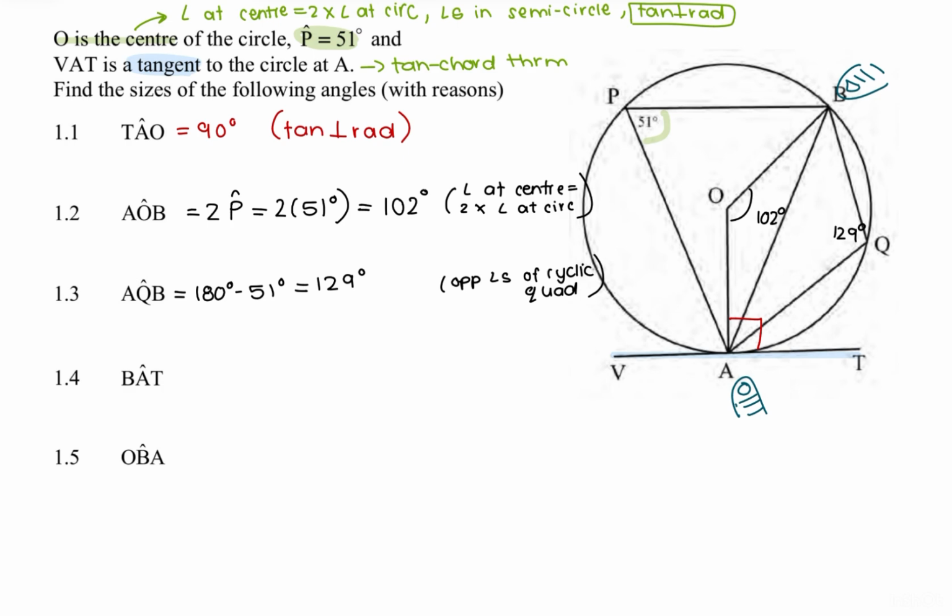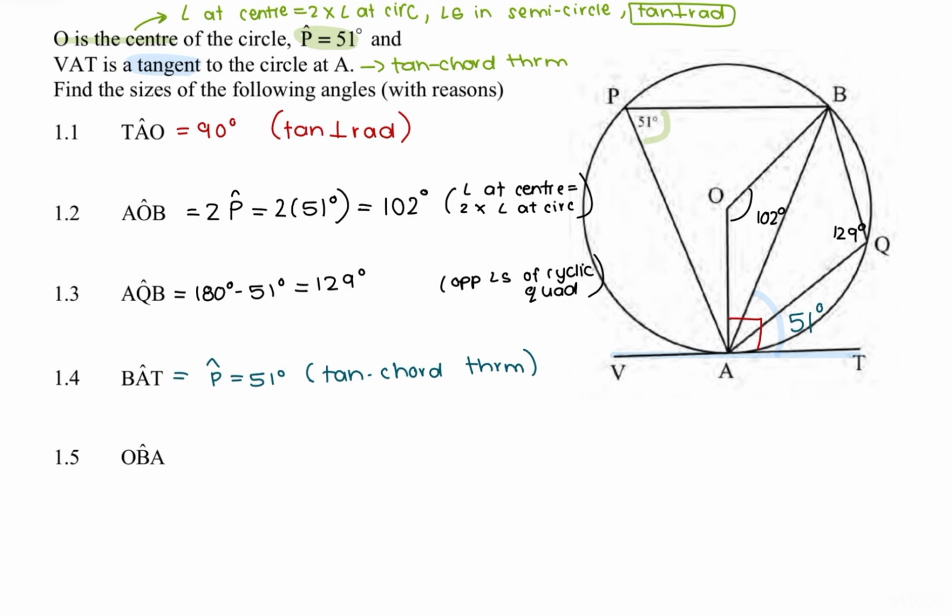So therefore, this angle is going to be 51 degrees, because if I take my fingers and I put them at the edge and bring them together to the edge of the circle, aka our circumference, where they meet up, that's the angle that's equal to it. So therefore, BAT is equal to angle P, which is 51 degrees, and you have to have a reason. Tan chord theorem.